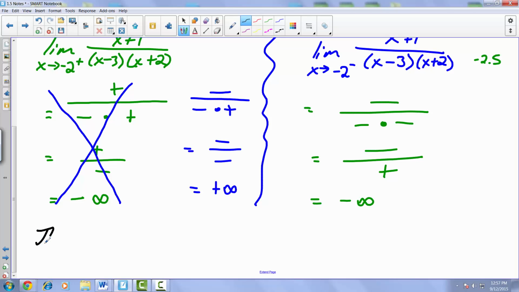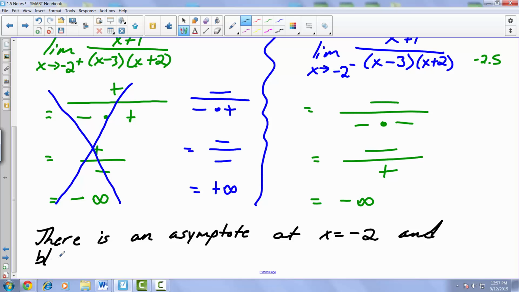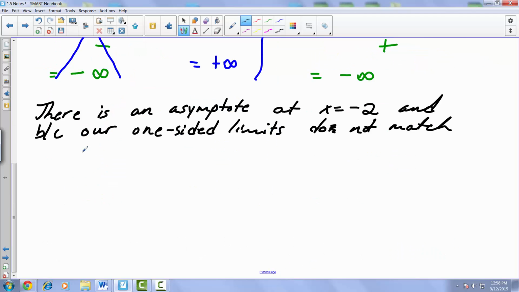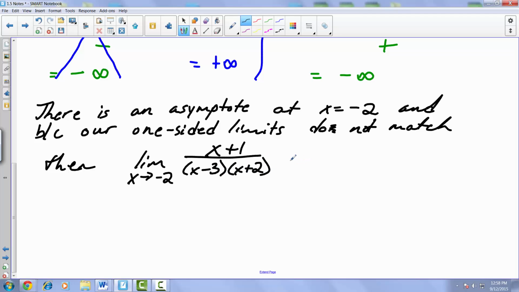So in conclusion, there is an asymptote at x equals -2, and because our one-sided limits do not match, the limit as x approaches -2 of that function, x plus 1 divided by x minus 3 times x plus 2, is simply not going to exist.